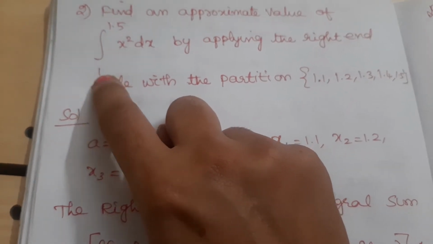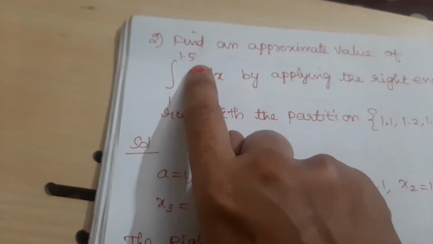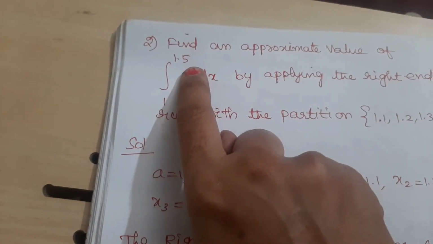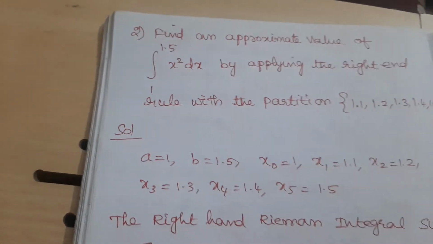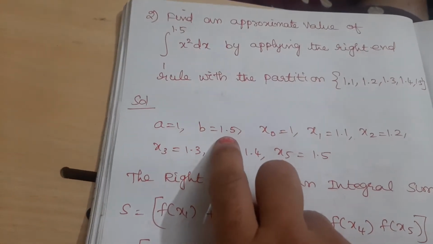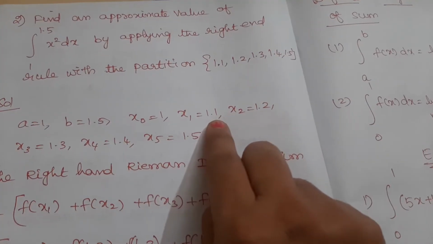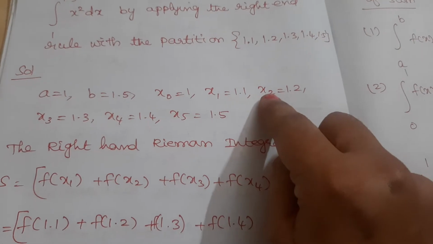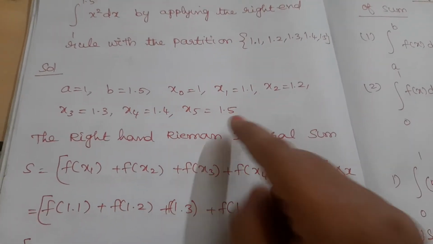The lower limit is taken as a and the upper limit is taken as b, 1.5. So a is equal to 1, b is equal to 1.5, x0 is equal to 1, x1 is equal to 1.1, as given in this partition, x2 is 1.2, x3 is 1.3, x4 is 1.4, x5 is 1.5.